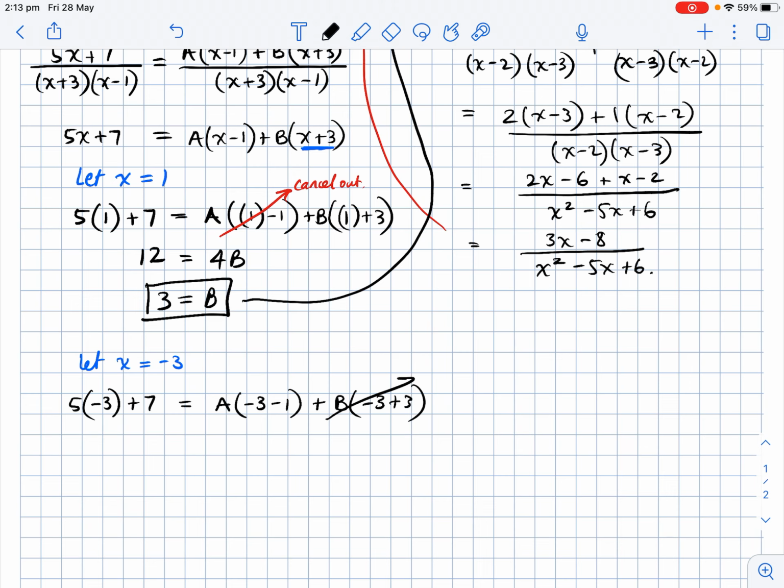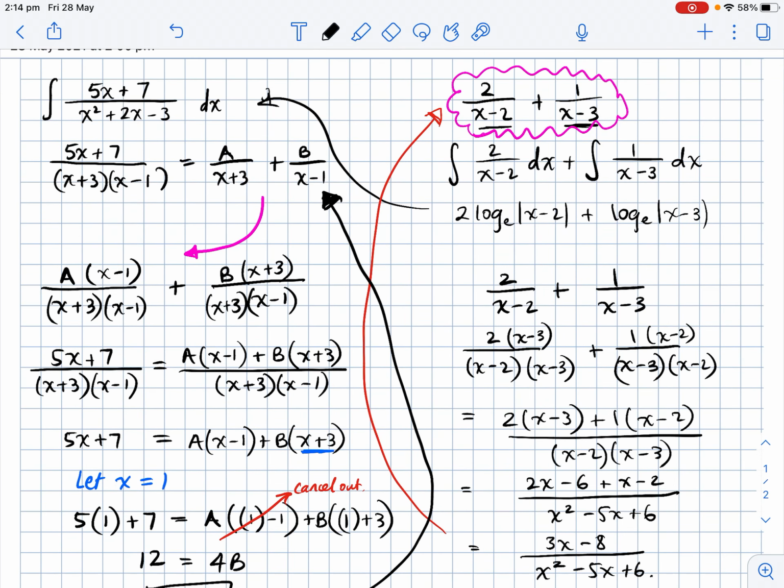So same thing again, the b part here cancels out, which is really handy because my expression then only has one unknown, which is a, and I can solve for one unknown. So on my left-hand side, I've got minus 15 plus 7, which is 8. On my right-hand side, I get negative 4a, and then a little bit of solving, and I get a equals negative 2.